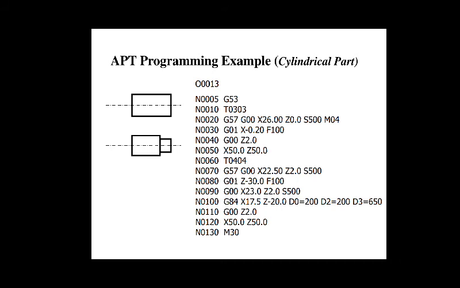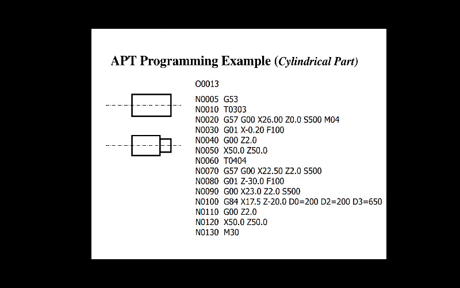As we have already seen, after performing a facing operation it goes to the tool changing location, and after performing turning and step turning, it again goes to the tool changing location. And after all these we are supposed to end the program, and to end the program M30 is there.